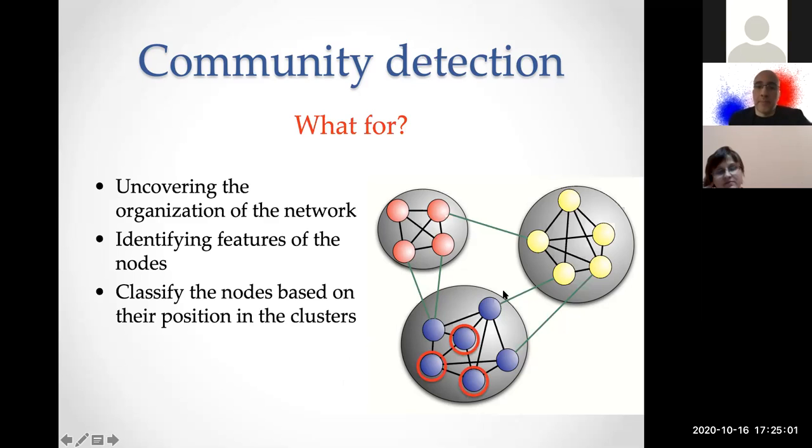Once you have a partition like this one that you see here, you can, within each cluster, distinguish nodes which are fully embedded within their clusters, like the ones that I'm circling here in red, or nodes which are connected also to nodes of the other classes, so-called gatekeepers, which are the ones that allow you to move from one piece of the system to another.